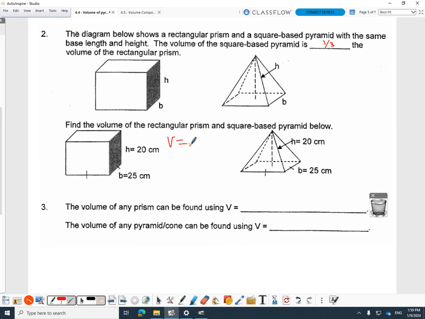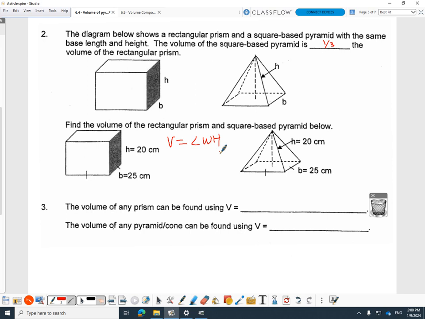Base times height times width. Because it's not a triangle, the triangles are the ones that have half in them. This is just length, width, height. And if you wrote base, width, height, it doesn't matter. Rectangular prisms are very friendly. You just multiply the 3 sides together to get the volume.